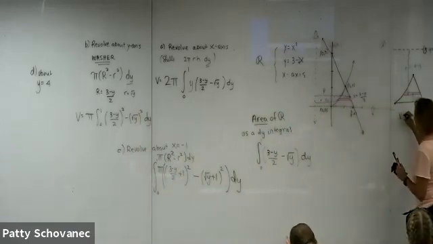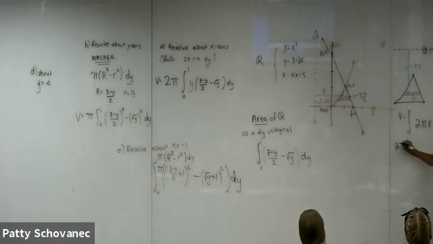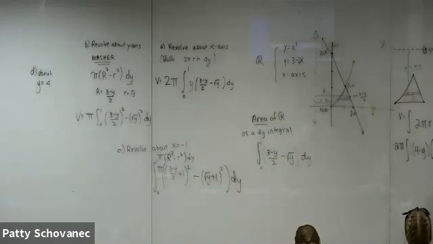Volume is equal to the integral of 2 pi r h dy. 2 pi out. r is 4 minus y, and h is still right graph minus left graph. All these are 0 to 1.